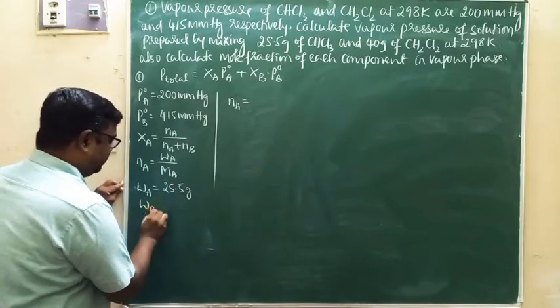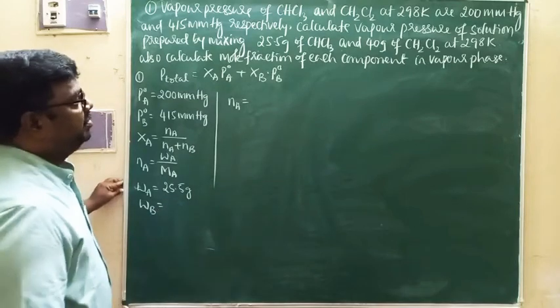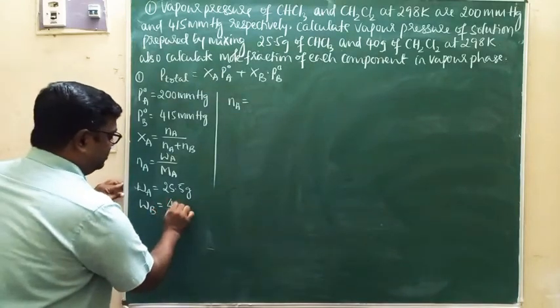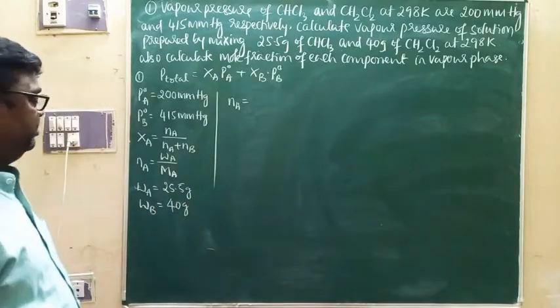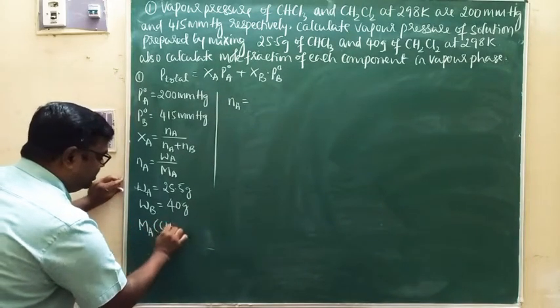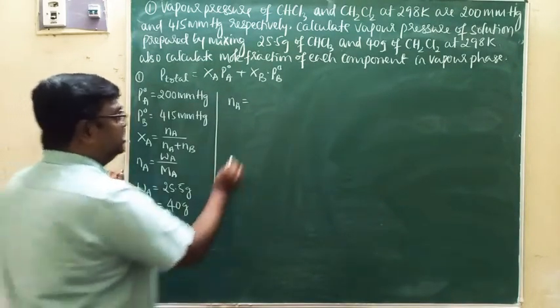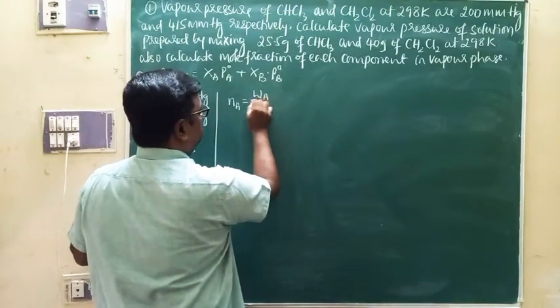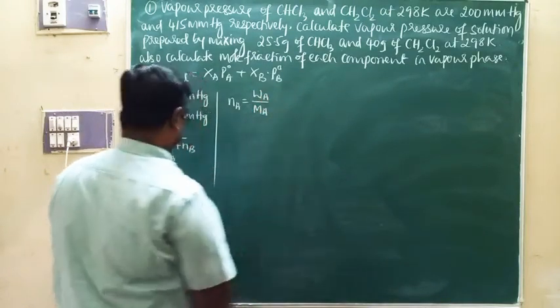Mass of B is 40 grams of dichloromethane. And of course we need the molecular mass of A, that is chloroform CHCl3, because number of moles of A is equal to mass of A divided by molecular mass of A.